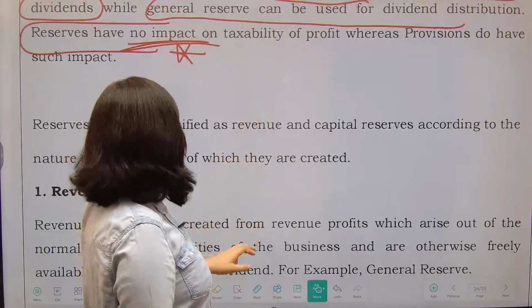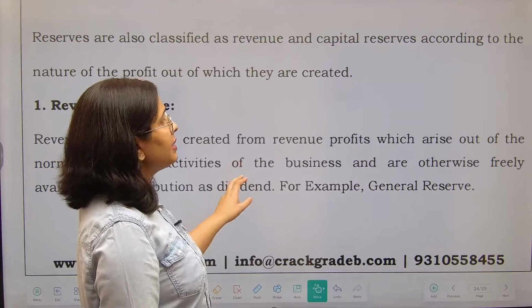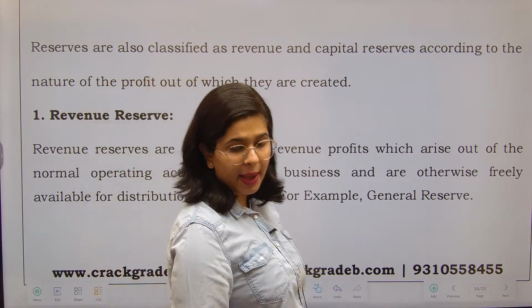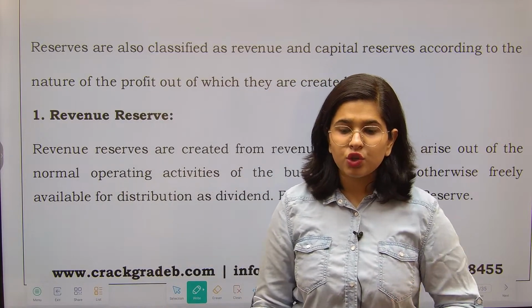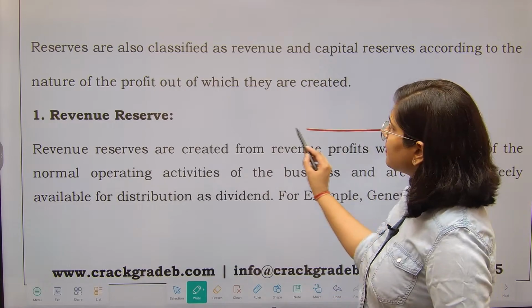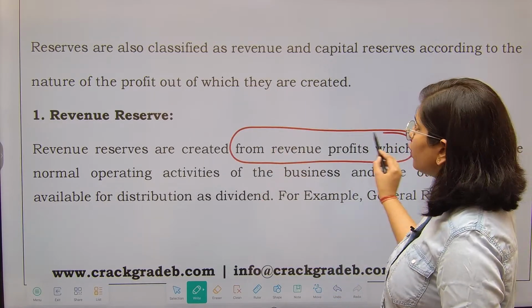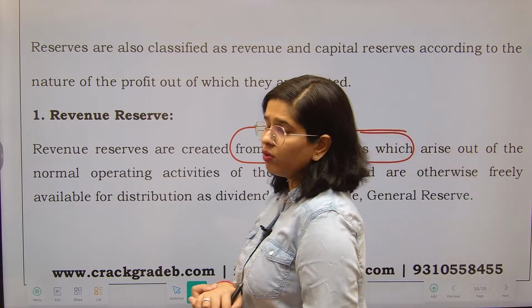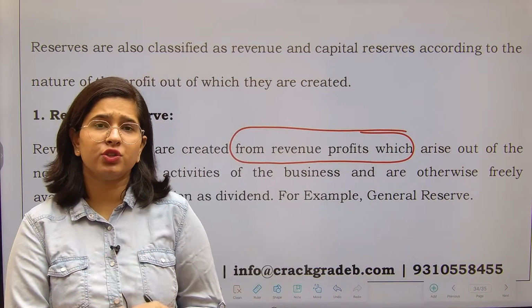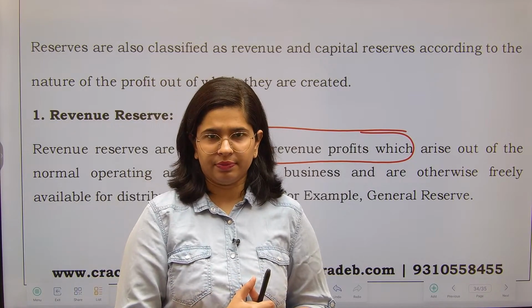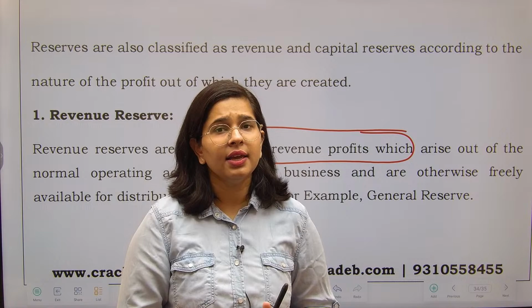Next thing is, the reserves are classified on the basis of revenue and capital reserve. Now this is also very important. Which reserves are revenue reserves? These reserves are created from the revenue profits. Revenue and capital differentiation, why is it so? It is based on which kind of profit you are using for making the reserve.